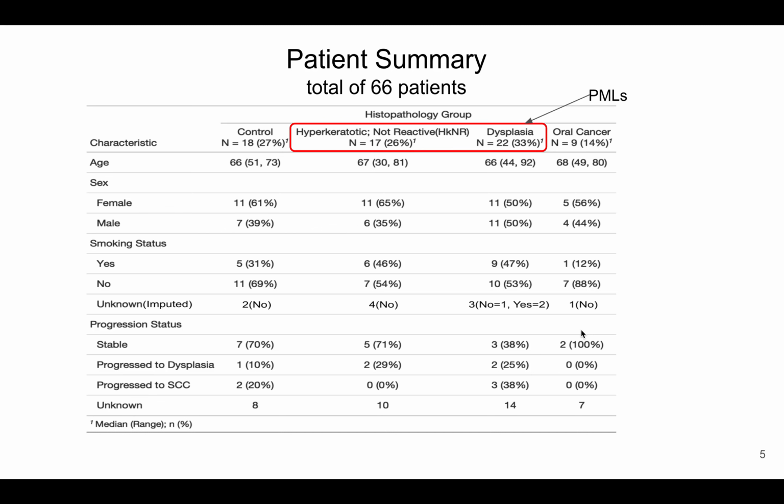The mean age of all the patients was around 65 years, and an equal proportion of male and female is being considered in this study. The smoking status along with the progression status for some of these patients has been obtained, and that is also being considered for the downstream analysis.